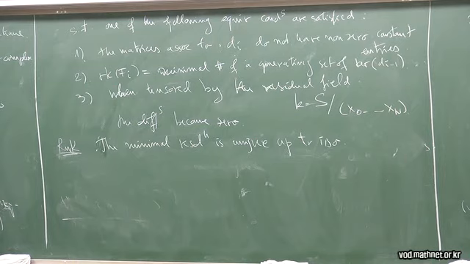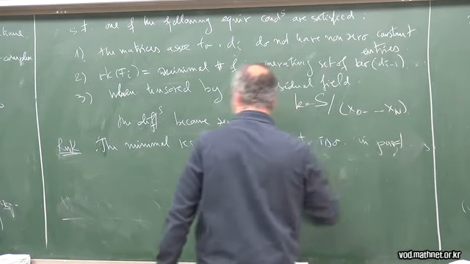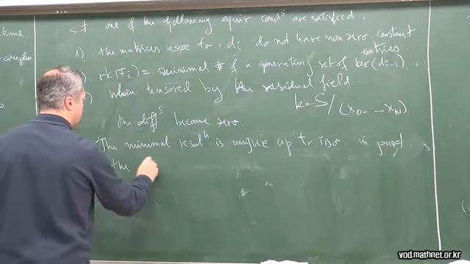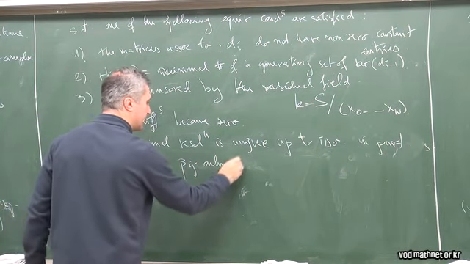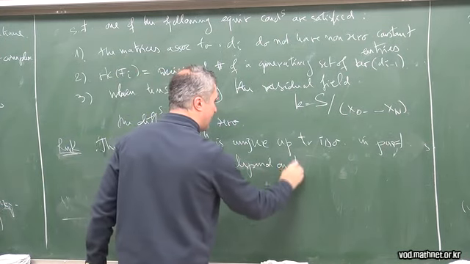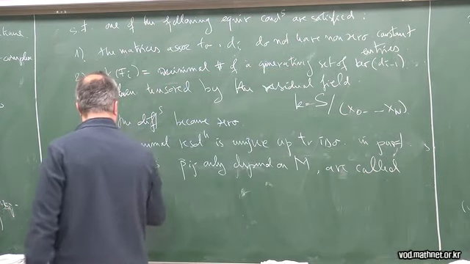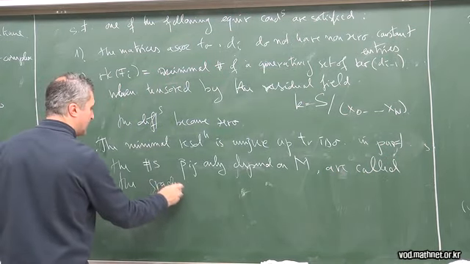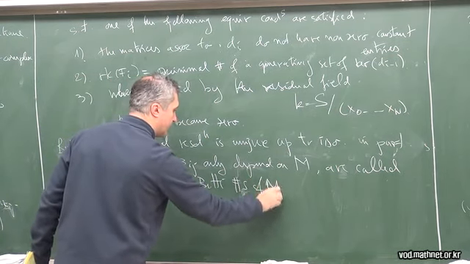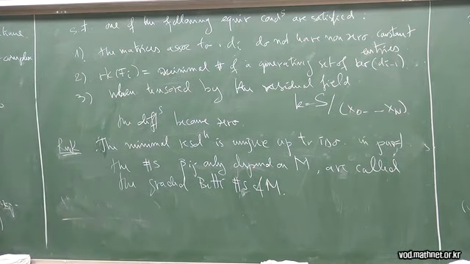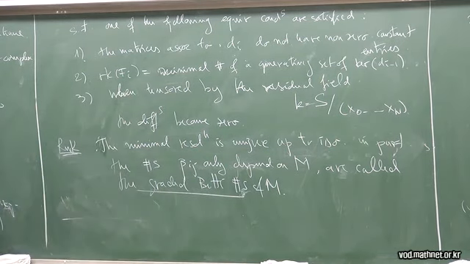So in particular, the numbers beta_ij only depend on M and are called graded Betti numbers of the module M. These are some fine invariants of this module.